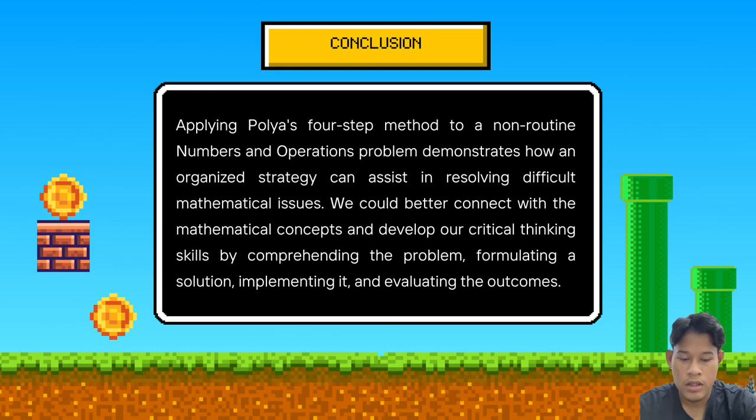This approach improves our comprehension of the issue and pushes us to consider several approaches. Additionally, it encourages the development of critical abilities that are helpful in addressing difficulties in real life, such as perseverance, creativity, and logical thinking.